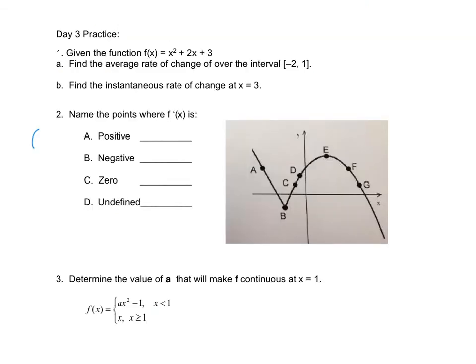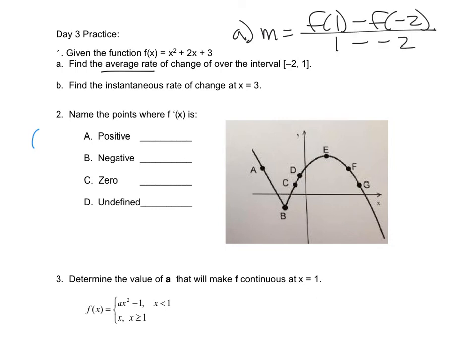Okay, for day 3, average rate of change just means the slope from negative 2 to 1. So for A, we're going to do the y value at 1 minus the y value at negative 2 divided by 1 minus negative 2. I recommend using your calculator to get those y values. You can put the function in y1 and look at a table.